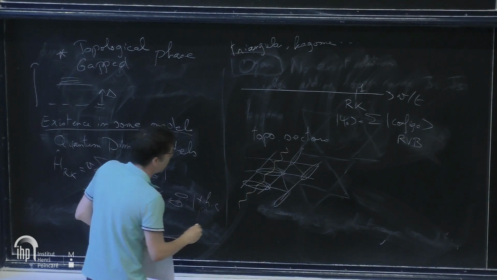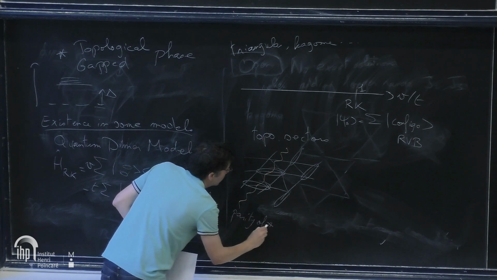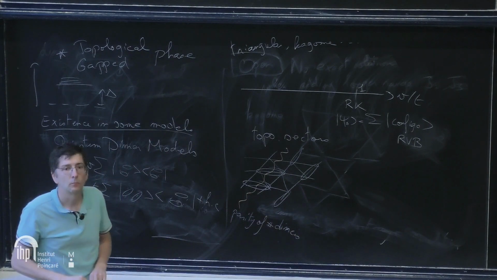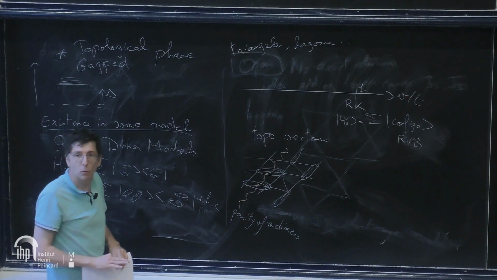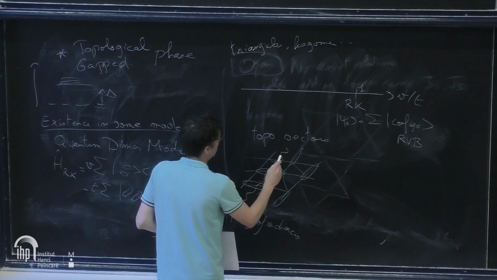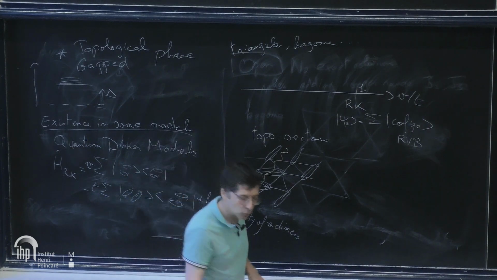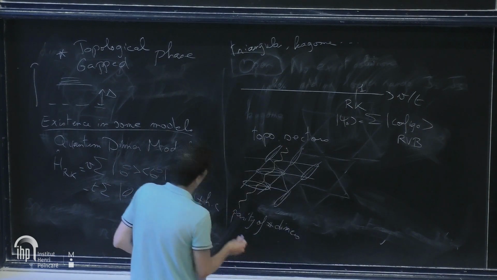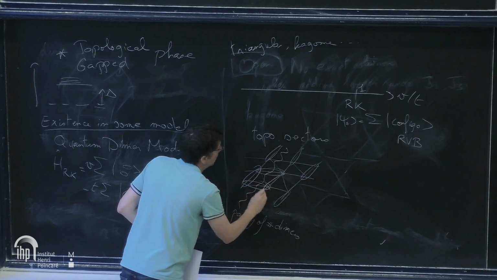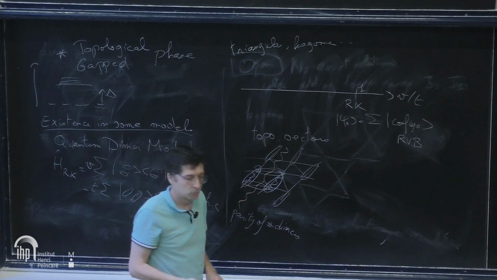So you have a line and you count the parity of dimers, number of dimers. So plus 1 or minus 1, or 0 or 1, the parity. Is it even or odd number? And what you see is that the parity is conserved by the quantum dynamics. Because here I have, let's say, 2 dimers, but when I flip both, I go to 0.